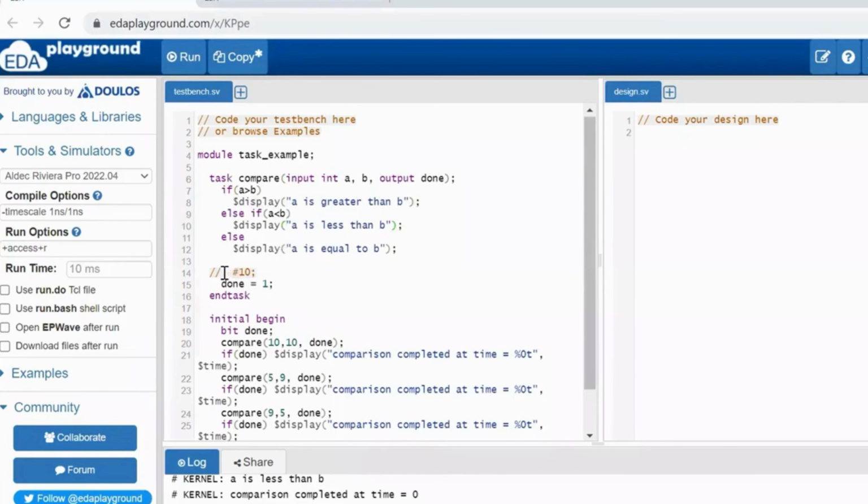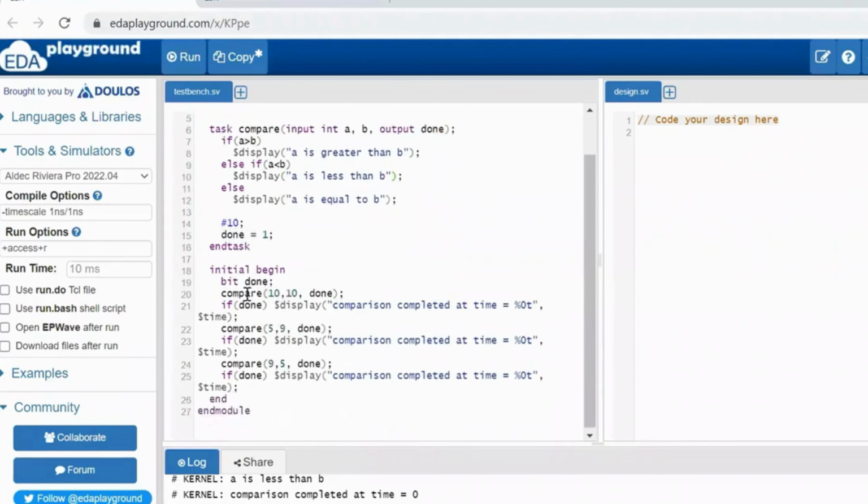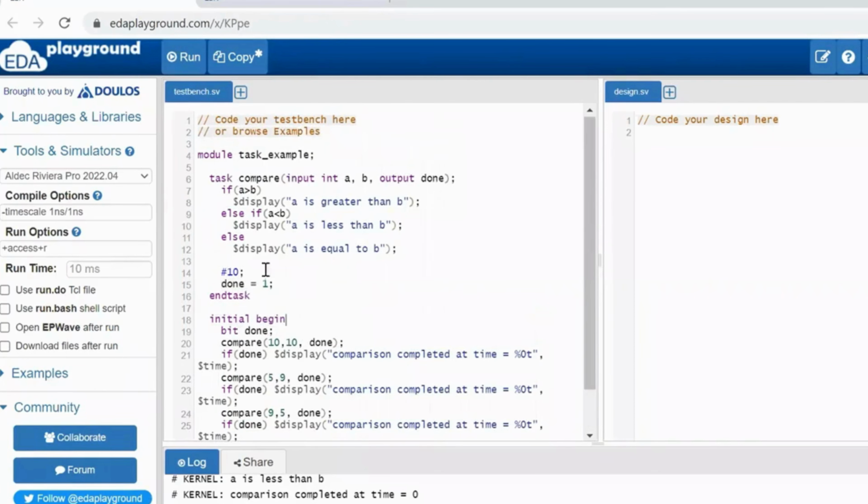Here we are putting some hash 10. Next, in the initial block, we are calling the task from the next initial block. Initial begin, some bit done.